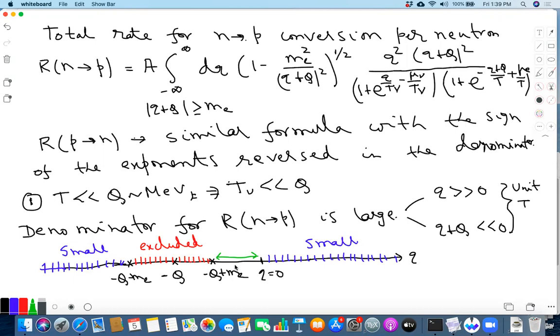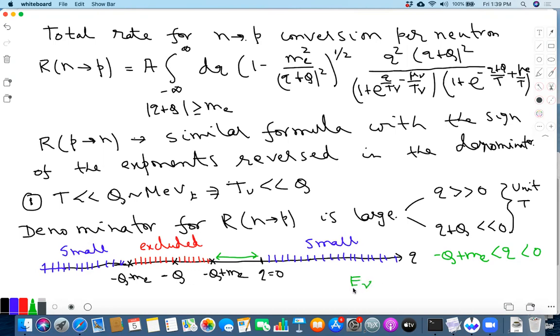So let's see what that region corresponds to. That corresponds to minus Q plus m_e less than q less than 0. Now q negative means that the neutrinos are in the outgoing state, and so E nu is minus q.